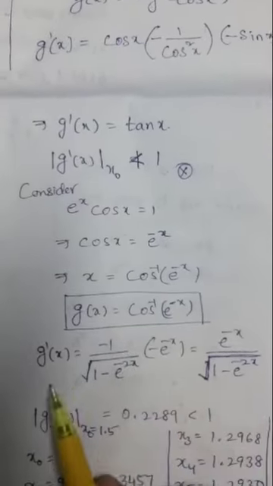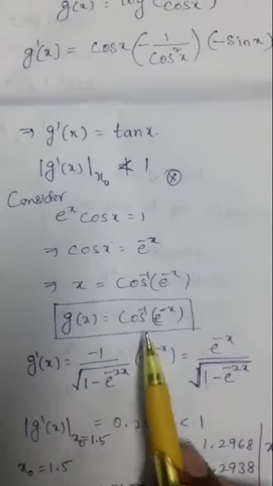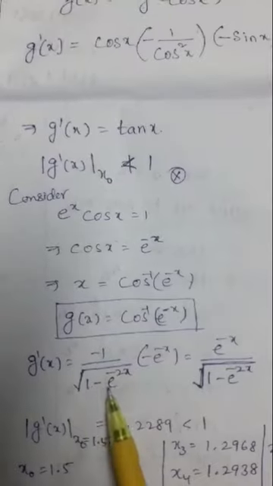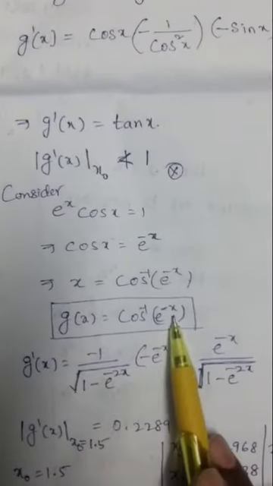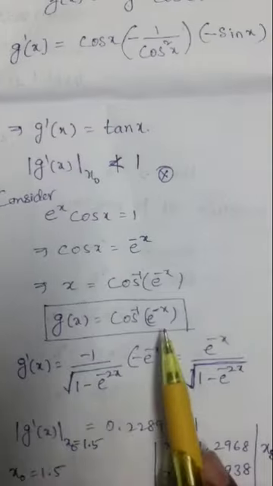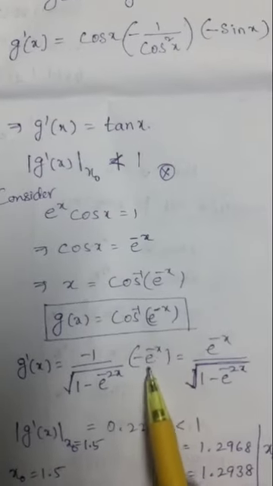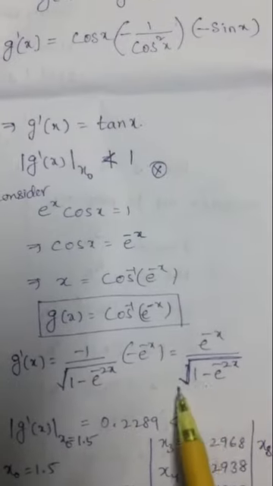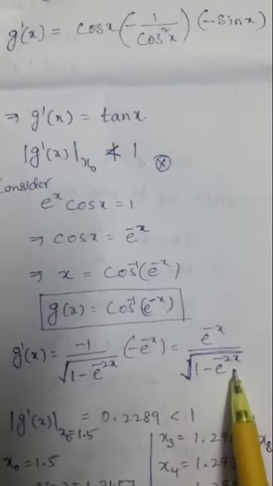Now calculate g'(x). Cos inverse x derivative is minus 1 by square root of 1 minus x². x² means (e^(-x))², that is e^(-2x). And the derivative of e^(-x) is minus e^(-x). Simplifying, you will get e^(-x) by square root of 1 minus e^(-2x).